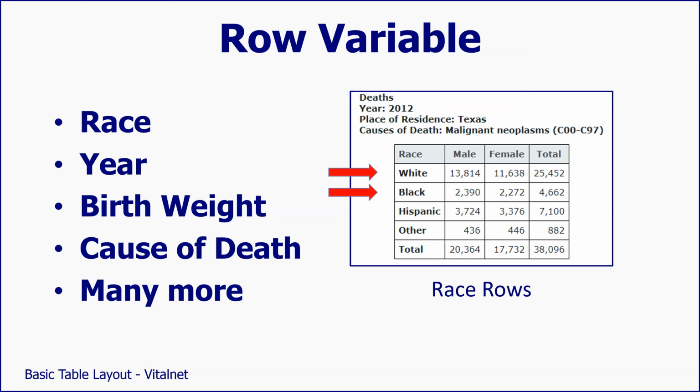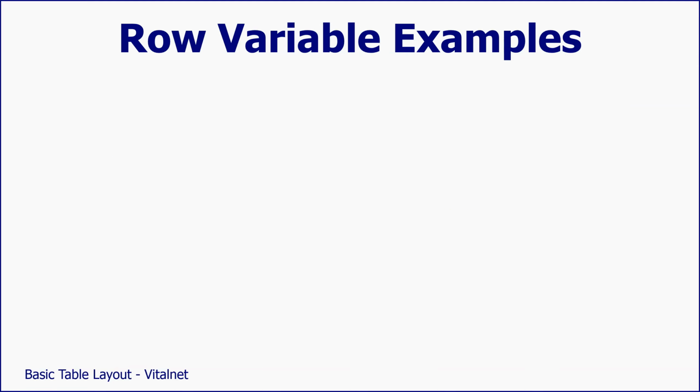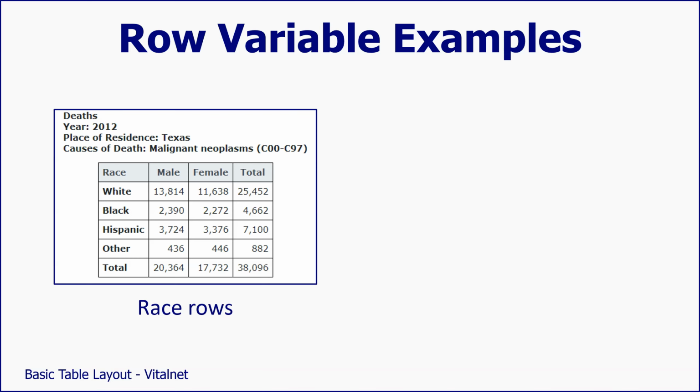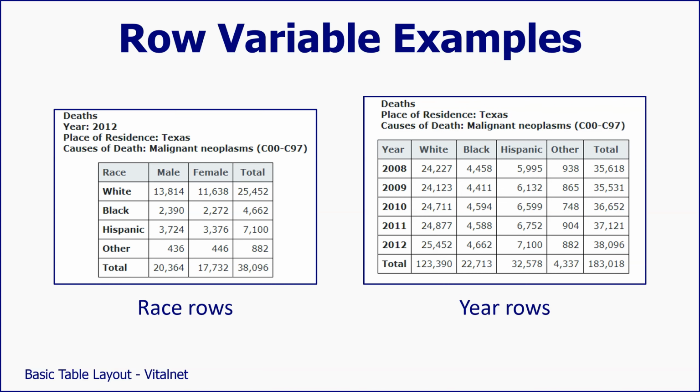Each data set has different data variables. Vitalnet lets you set rows to any data variable within a data set. Here are two examples. On the left, row variable is race. On the right, row variable is year. You can use any data variable for the rows.